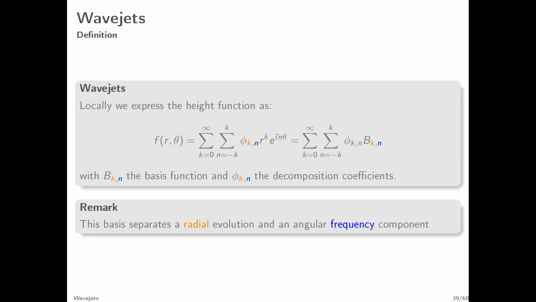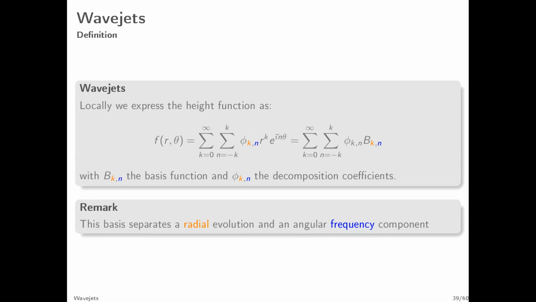So it's a radial plus angular decomposition, and we can prove that the surface can be written this way. It's some kind of Fourier decomposition with respect to the angle, and a polynomial decomposition with respect to the radius.